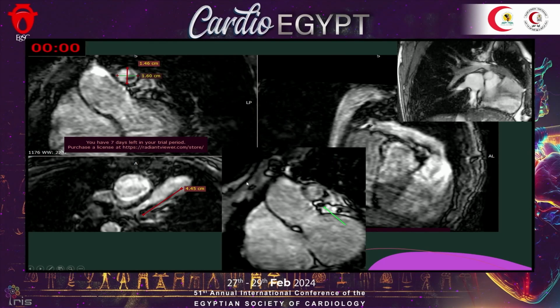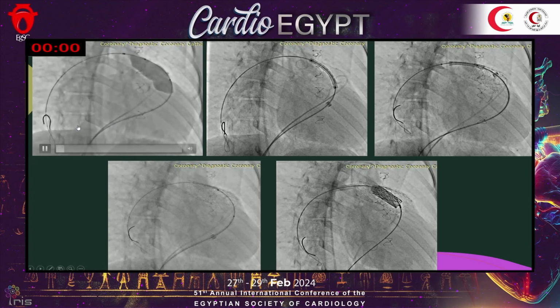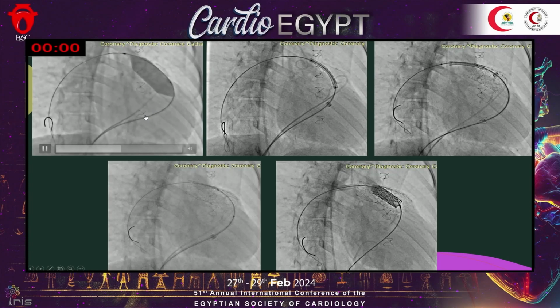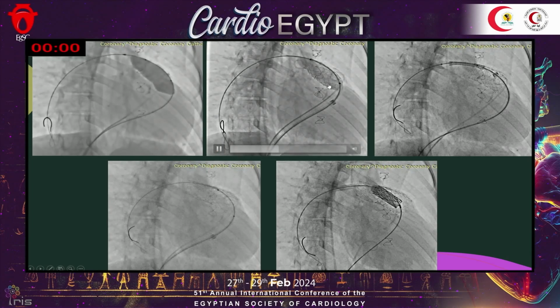So, we can see that there is a distal stenosis and proximal stenosis at the proximal and distal insertion points of this conduit. And this is the coronary distance also. So if you want to put or try to put a percutaneous pulmonary valve, in this case, you should start to dilate the conduit first, and then you make pre-stenting.